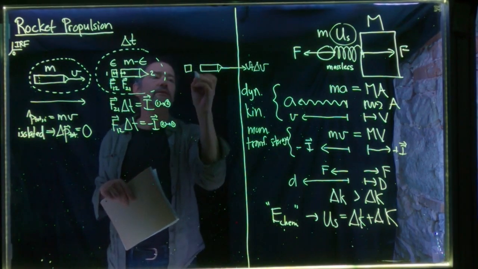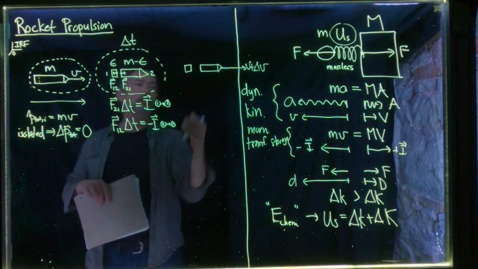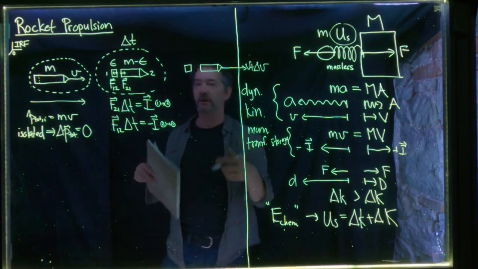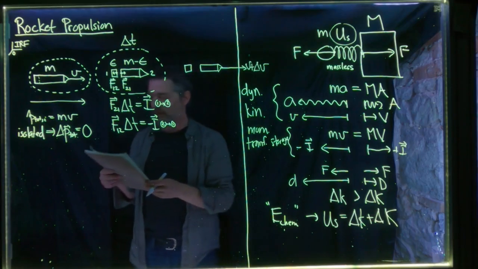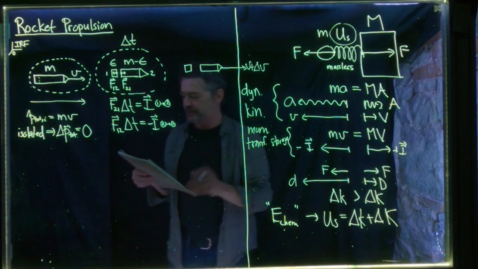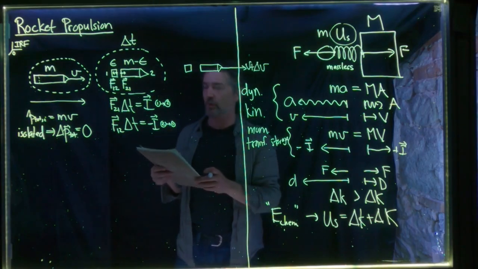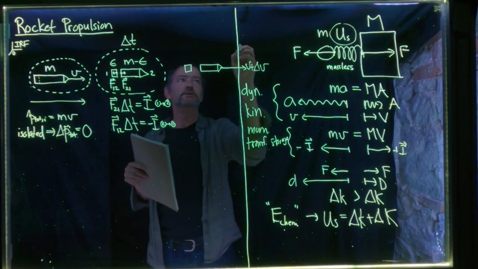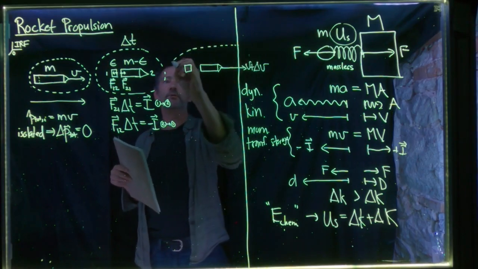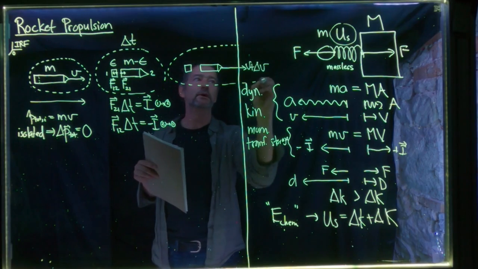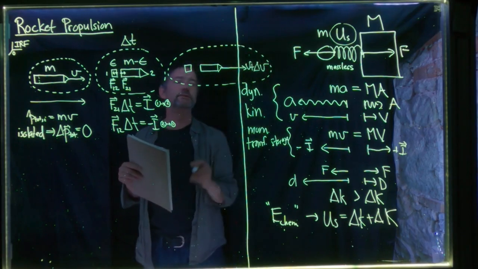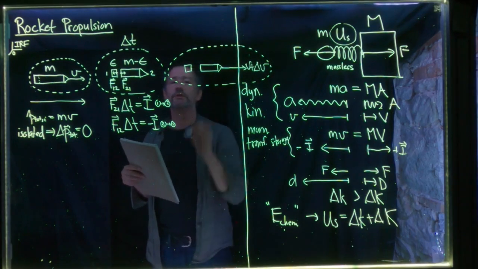And there's a chunk of exhaust gas particles now moving to the left, at least initially when the speed of the rocket is slow. Now this is a crucial point to pay attention to here. Our system now consists of the remainder of the rocket of mass m minus epsilon, moving to the right with a velocity v plus delta v, and this chunk of exhaust gas particles.